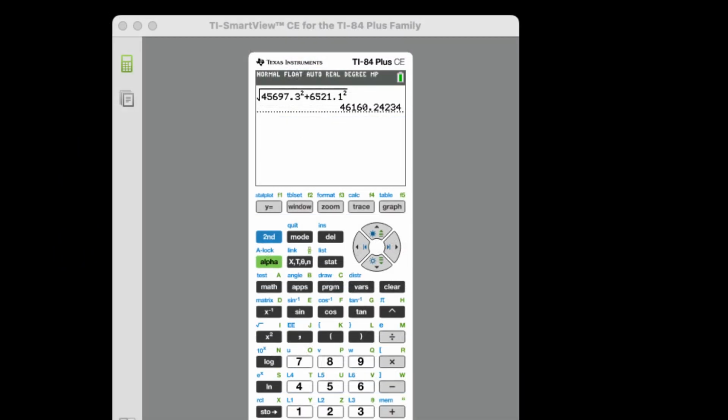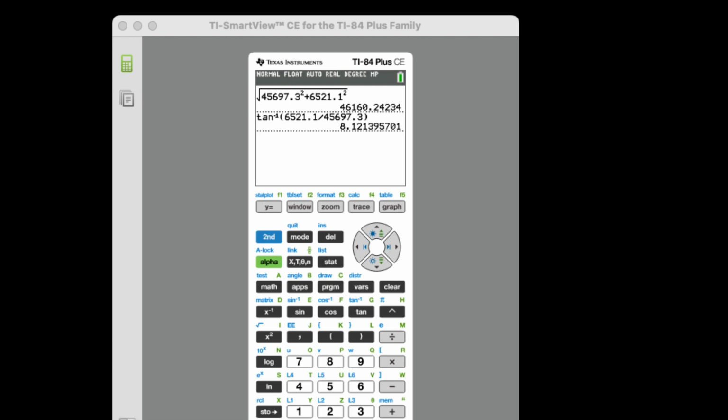So you're going to say now, second inverse tangent of 6,521.1 divided by 45,697.3. Close that down, and what do you end up with now? Let's go to the nearest whole angle. What's that going to give us? 8. Is that 8 degrees? Yep, it's 8 degrees.